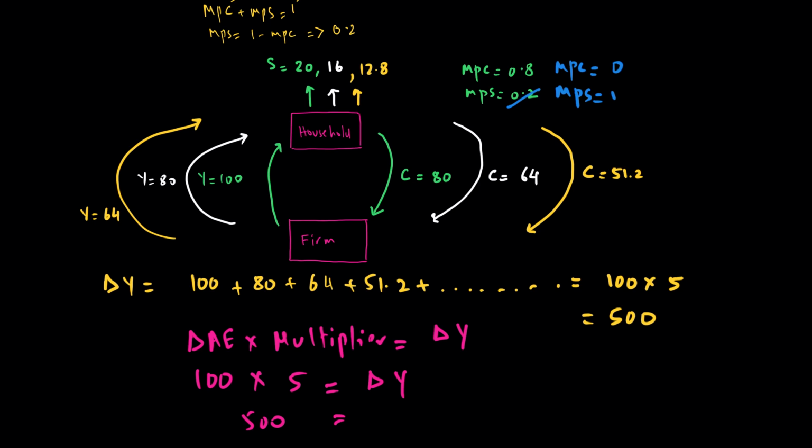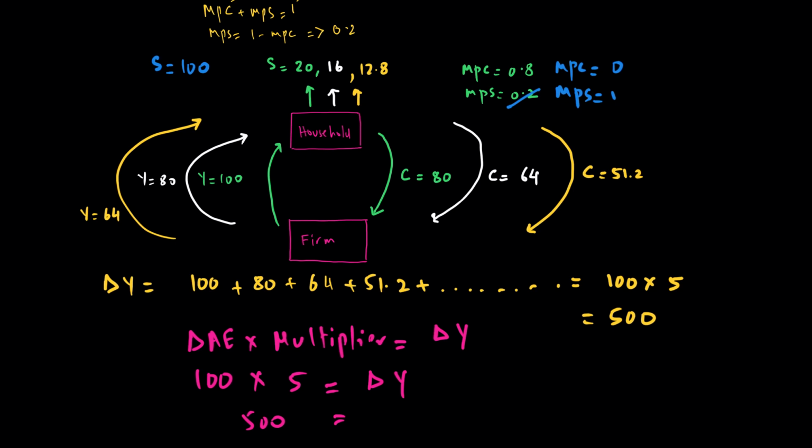MPS of 1 means once you give 100 to the household, the household ends up saving all of that 100. Isn't that true? Which would mean next round consumption won't happen. So one single 100 leads to one single withdrawal of 100, and therefore no circular flow will happen.